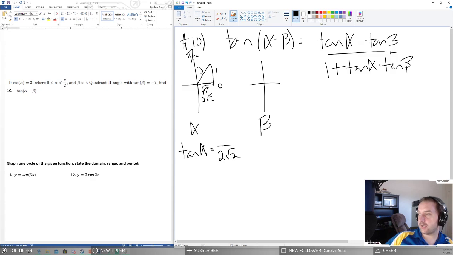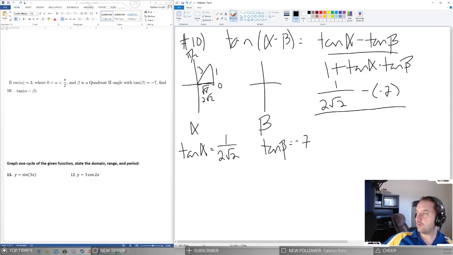For the beta triangle, it just tells us tangent of beta equals -7. So now I'm plugging everything in. You're going to get 1 over 2 root 2 minus -7 over 1 plus 1 over 2 root 2 times -7.